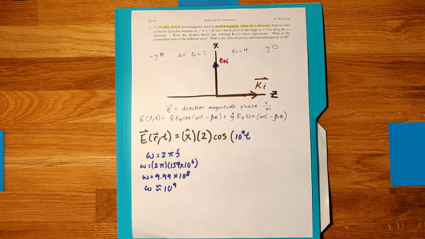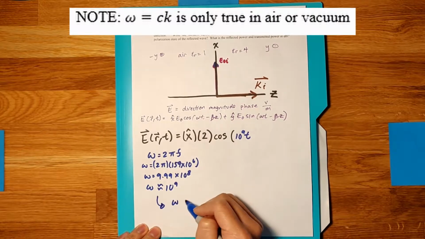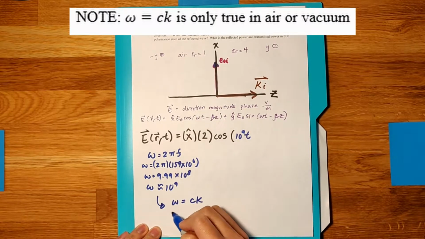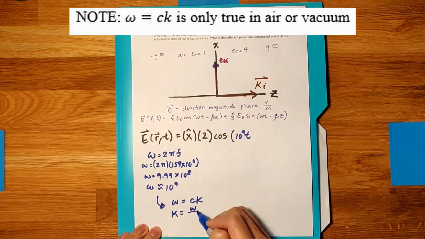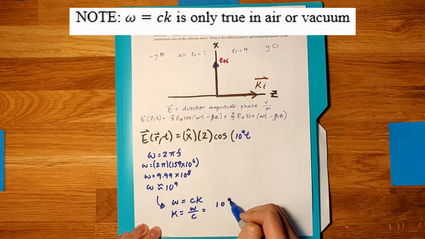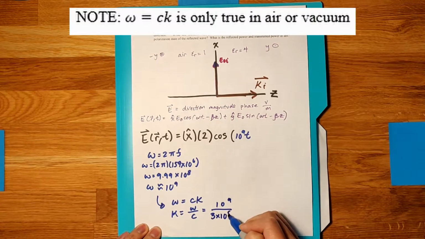Now the question comes, what is k in this case? Well, we can figure out k by using omega. Omega, if you guys remember, is ck. Solving for k, we get k is equal to omega over c, which is 10 to the 9, as we saw before, divided by the speed of light, or 3 times 10 to the 8.